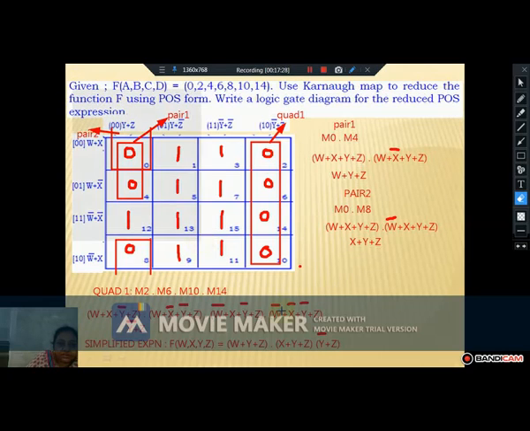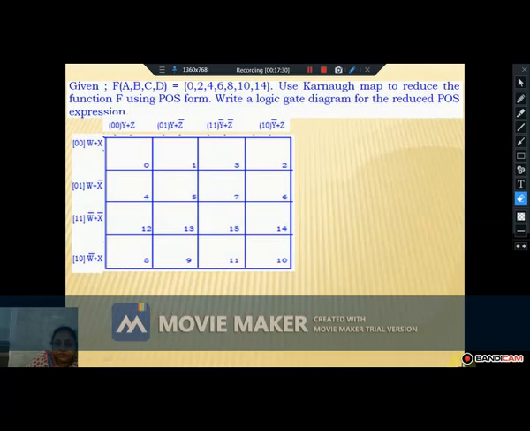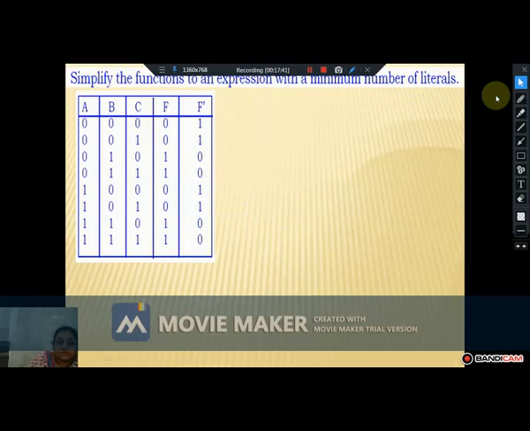Let's take one more example and see how we can do that. Simplify the functions to an expression with a minimum number of literals. They have not given anything, they have just given f and f dash.